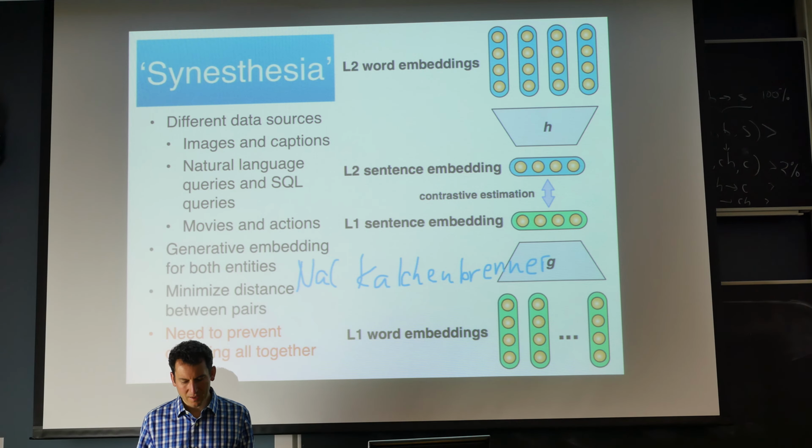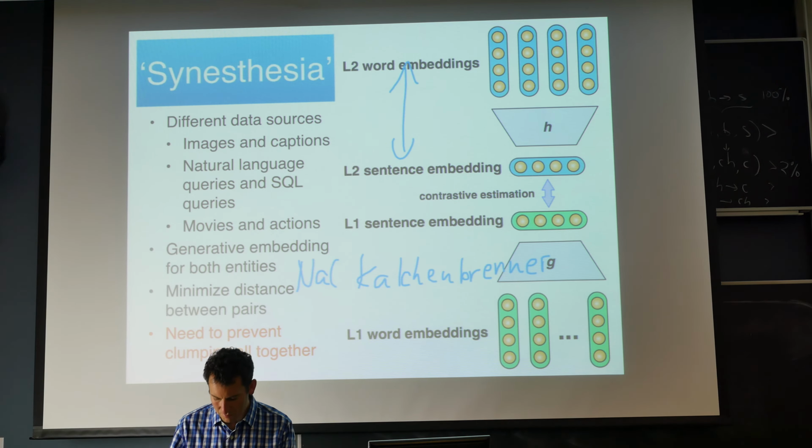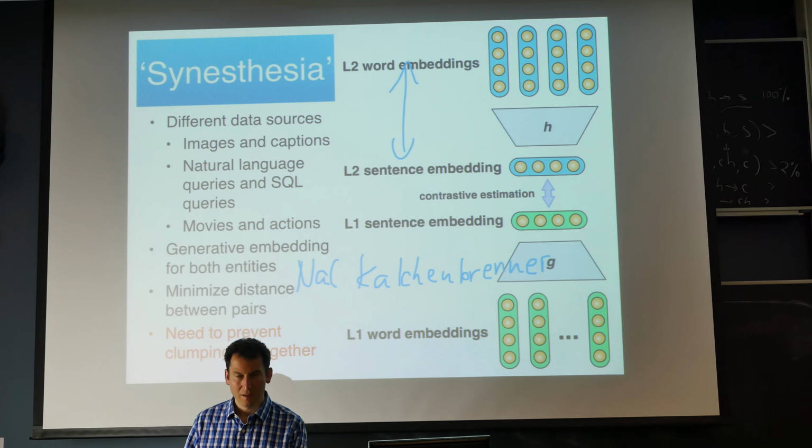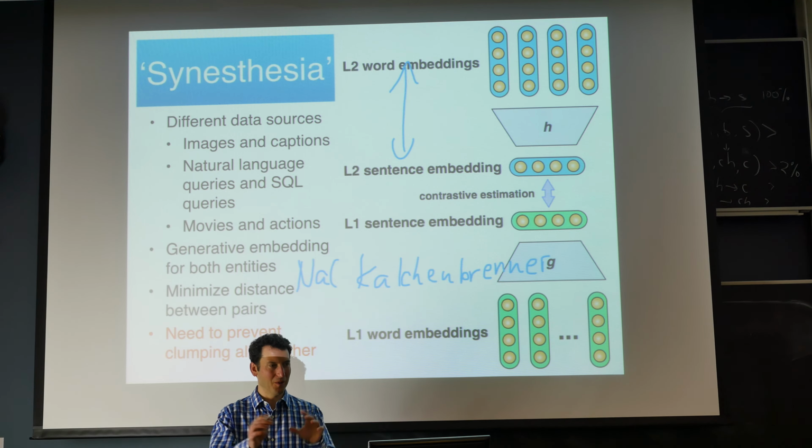And so basically what you do is you need, at the very least, for language 2, a mechanism of going forward and backwards between the embedding and the original language. And then you basically go and minimize the distance between the pairs. And, well, if you were to do this naively, you could just go and map everything onto smaller and smaller scales.